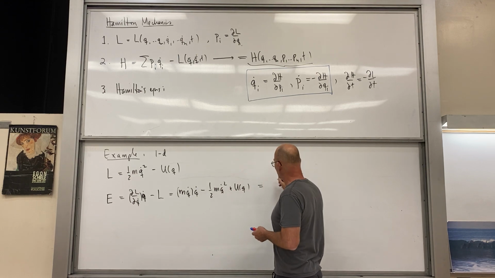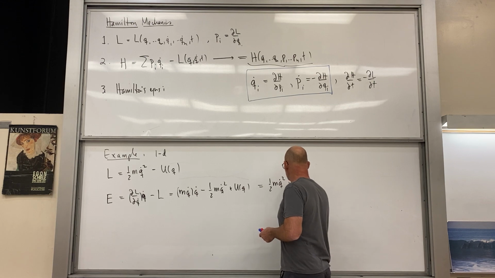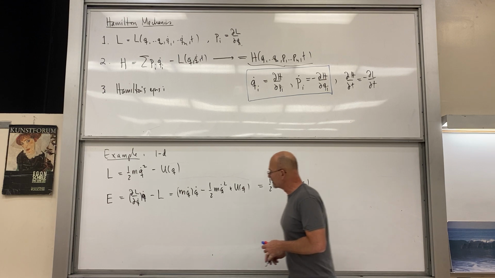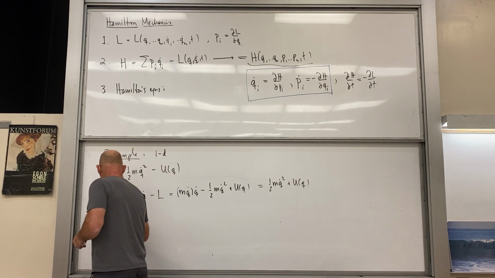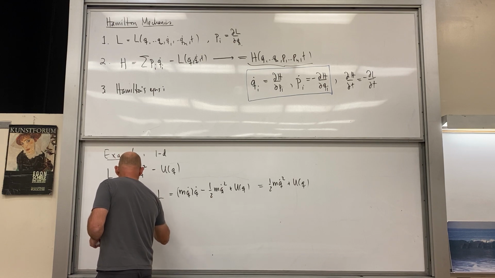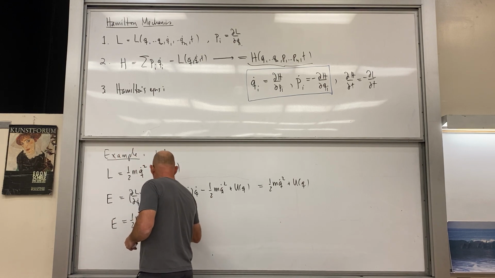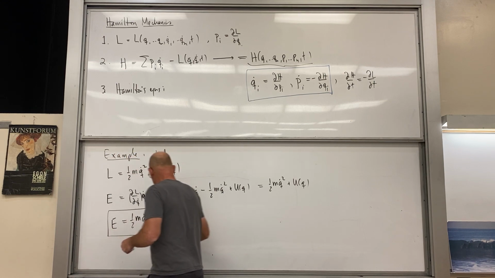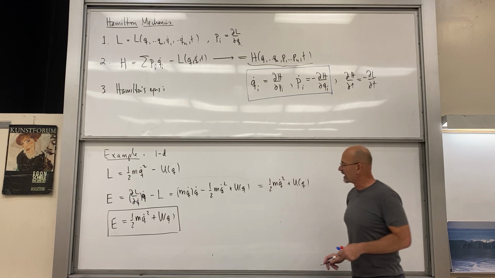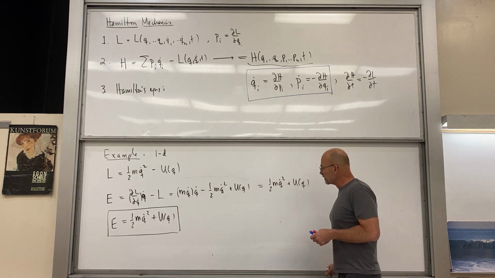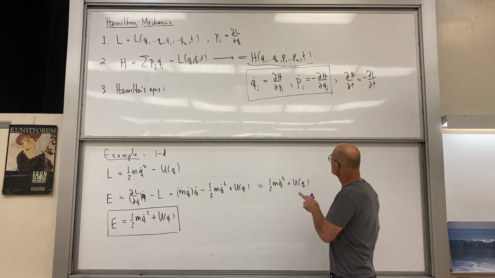T plus U is E. So it's 1/2 m q dot squared plus U of q. So that's our energy. I'll go ahead and write it right here. So yeah, that's what you do. This is the long route. Could be more complicated, but this one is very simple.